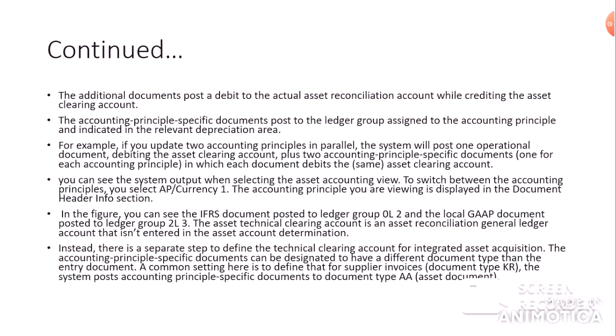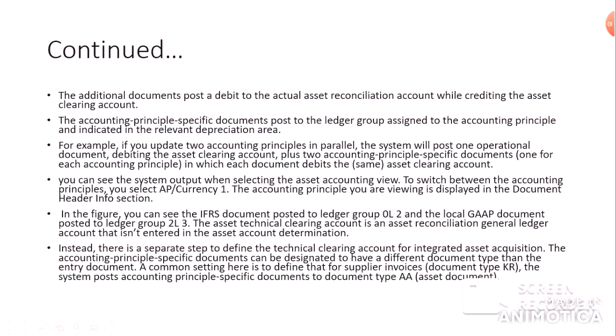The accounting principle specific documents post to the ledger group assigned to the accounting principle and indicated in the relevant depreciation area. For example, if you update 2 accounting principles in parallel, the system will post one operational document debiting the asset clearing account plus two accounting principle specific documents.